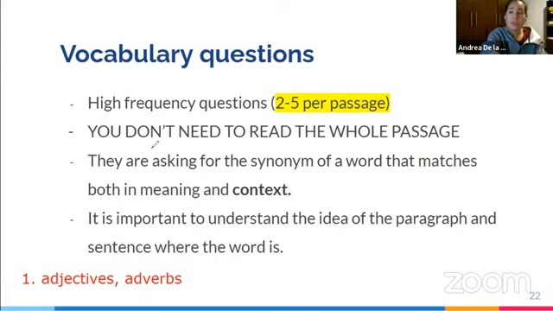Those are mostly technical, and it will be almost impossible for you to learn all those technical words. You will understand them by context.